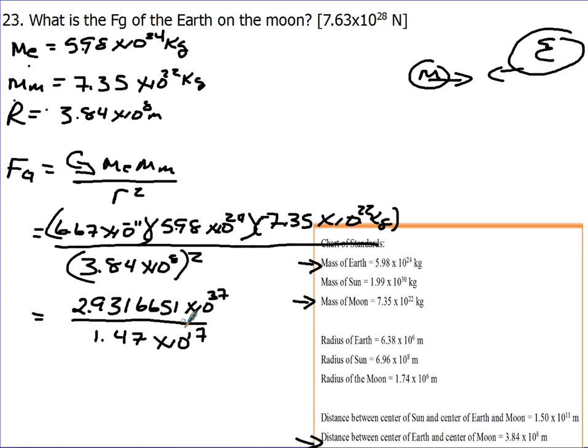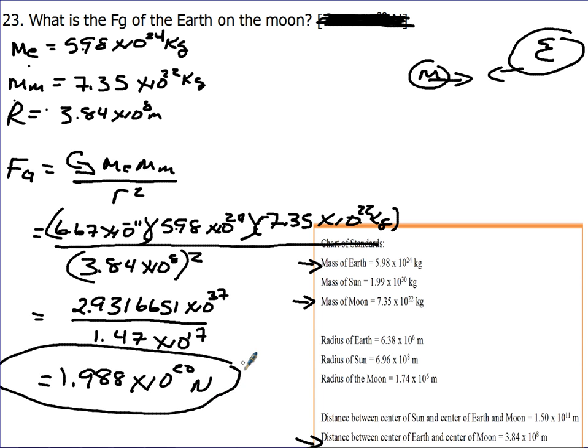I know what the problem is. This answer is wrong, folks. I did that without squaring my denominator. Whoops, imagine, teachers make mistakes all the time. The actual answer is 1.988 times 10 to the 20th newtons.